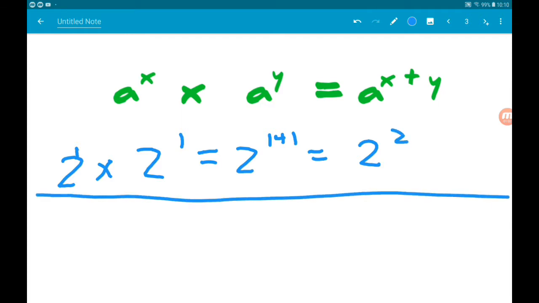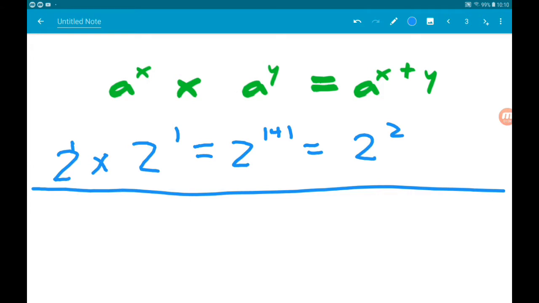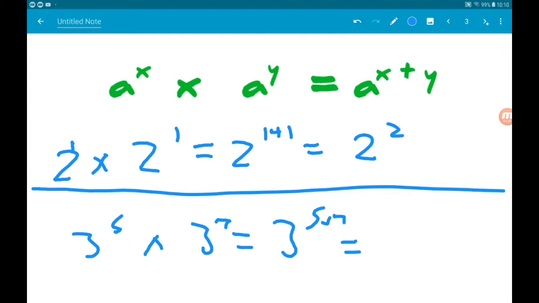Let's say we have 3 to the power 5 times 3 to the power 7. Well, that's going to be 3 to the 5 add 7, which is 3 to the power 12.